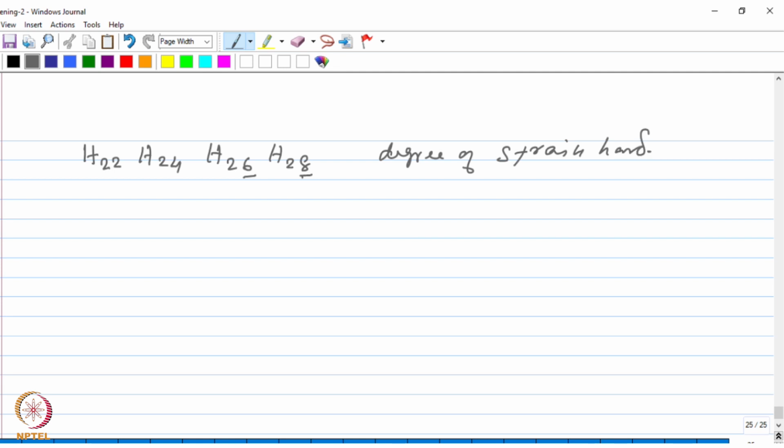Because as I said, it is partially annealed to reduce it. So after annealing, whatever be the remaining level of strain hardening, that is indicated by this second digit.